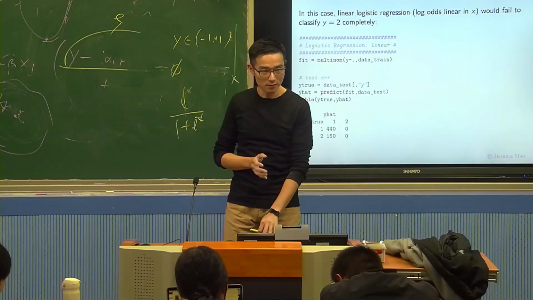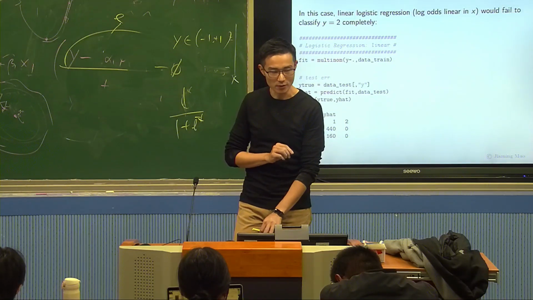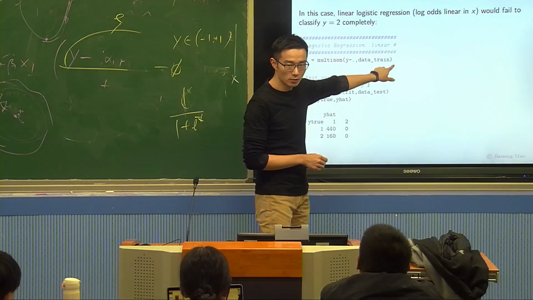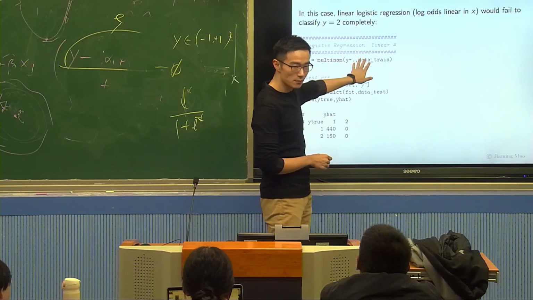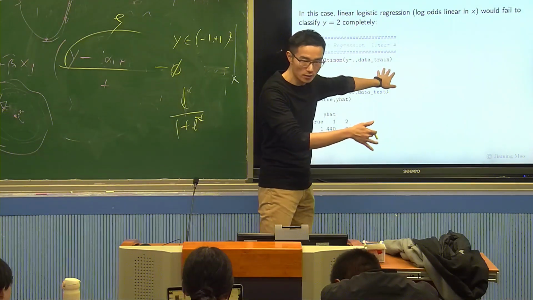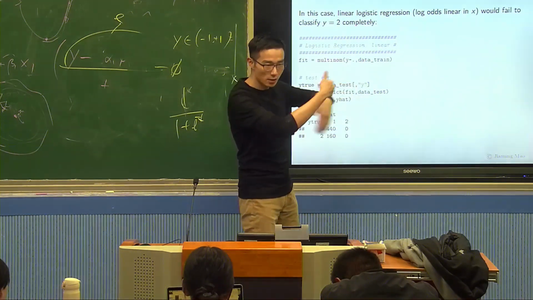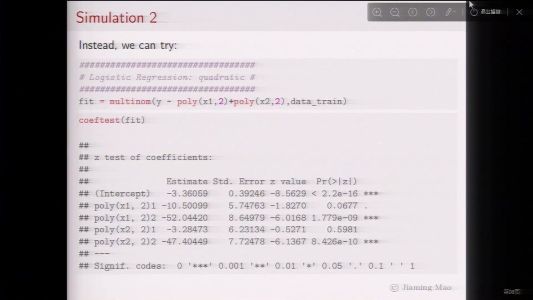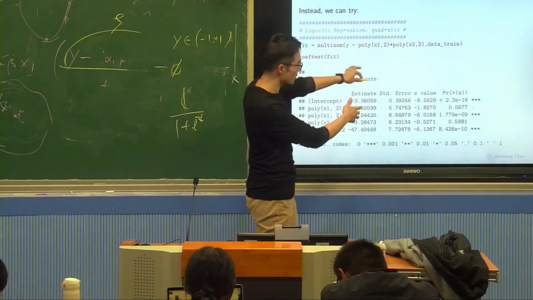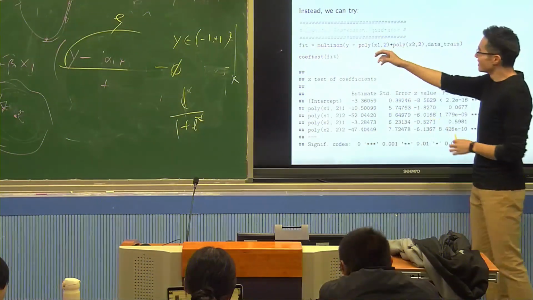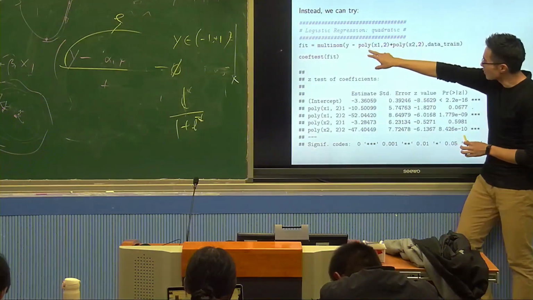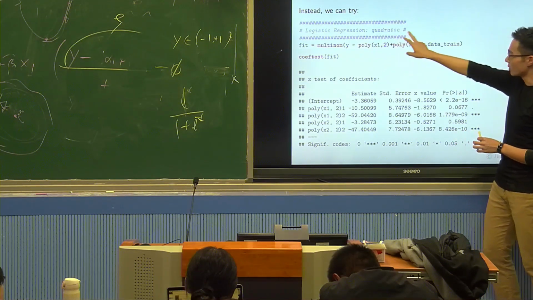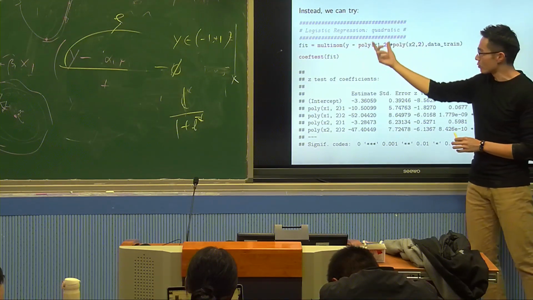Well, I shouldn't say logistic regression completely fails. I should say linear logistic regression, because logistic regression can do nonlinear models too. You can say y is a function of x, but you can also say y is a function of x plus x squared. In that case, you can generate nonlinear boundaries, which perform pretty well. Sorry, I'm speaking too fast, but when we do logistic regression, we can do a polynomial model in x1 and x2, so you can have x1 squared plus x2 squared.